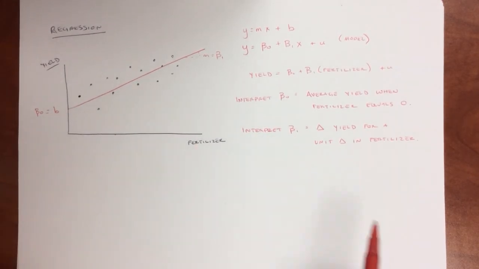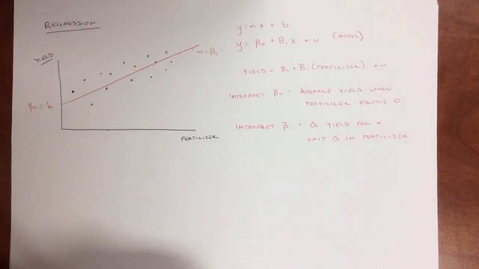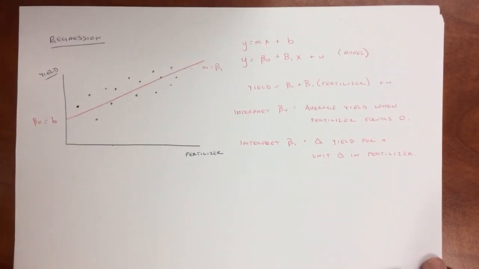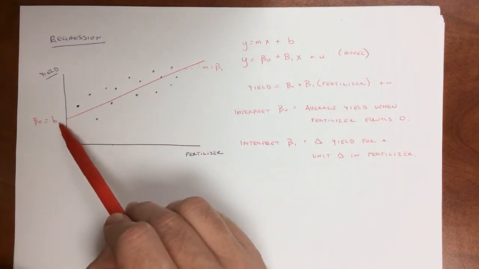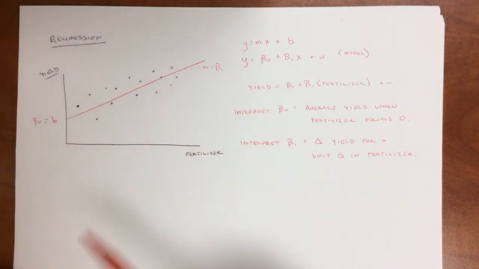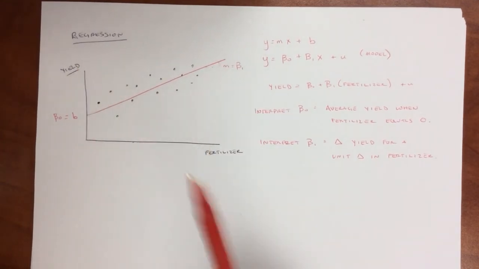And it tells us how much will our yield increase for each additional unit of fertilizer we get. And so this is the purpose, the point of regression analysis, is to take our data points and apply a best fit line to represent that relationship between two variables, yield and fertilizer.